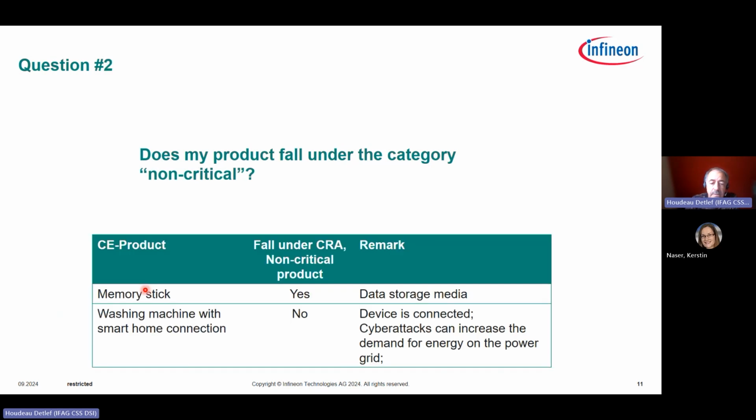Washing machine with smart home connection is a critical product because this device is connected. Cyber attacks can increase the demand for energy on the power grid, and with this we can have this blackout problem if many washing machines are attacked at the same time with no changing of, for example, passwords.